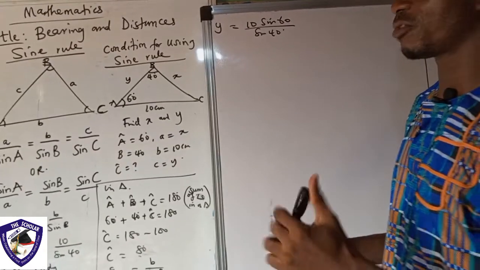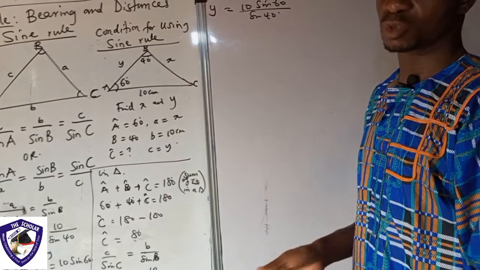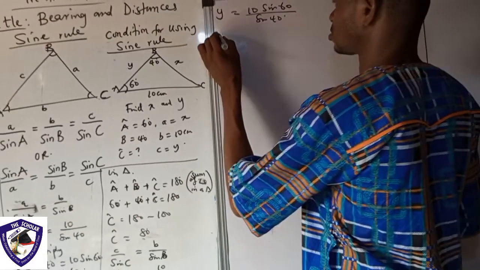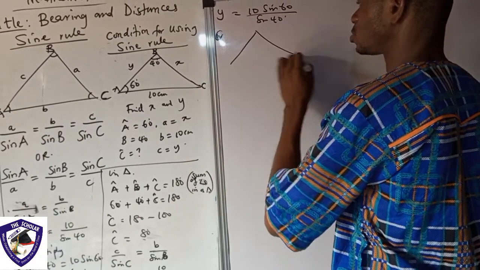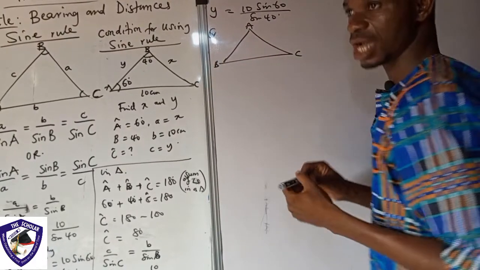So the first condition for using sine rule is that one of the sides must be known and two angles must be given. The second condition for using sine rule, condition number 2: let's say I have triangle A, B, C. Are you with me?